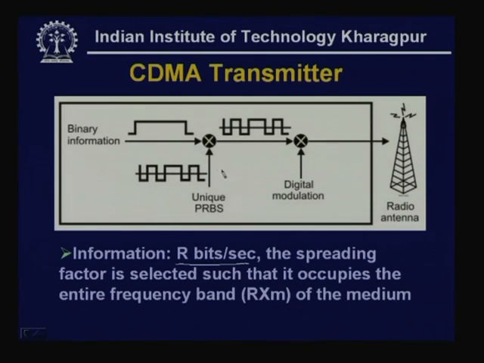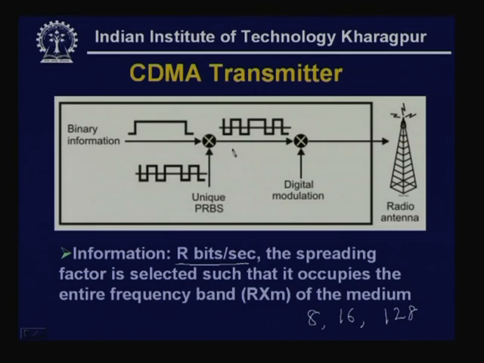That means the number of bits in this chip sequence is chosen such that it occupies the entire bandwidth of the channel. So, it can be 8, 16, or 128, depending on the bandwidth of the medium. The signal that comes out becomes m times the data rate, where m is the number of bits in the chip sequence.